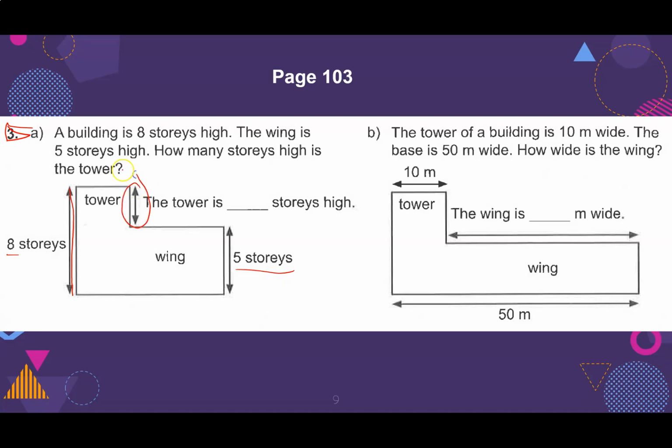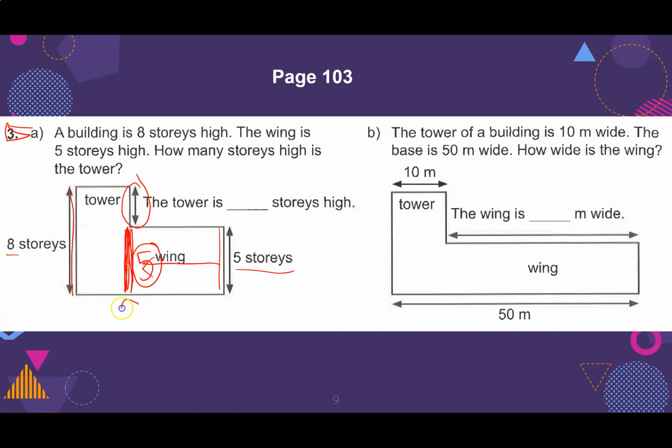So this is the distance we are looking for. We know that this distance here is 5 stories. You can see if you slid this over, it's the same as this distance here. So the total is 8. The wing is 5 high. What is the difference?